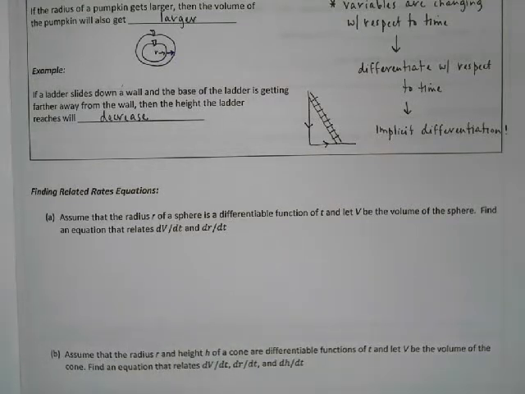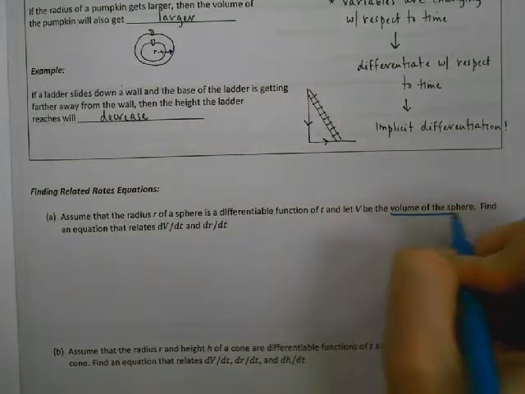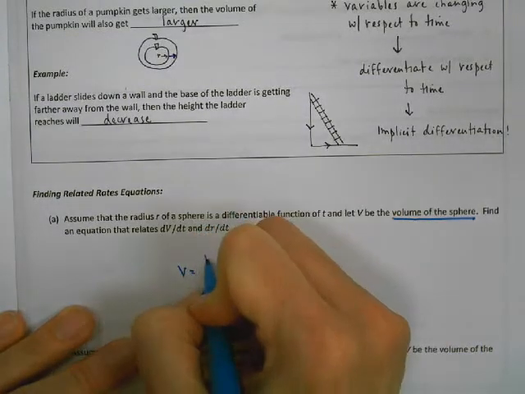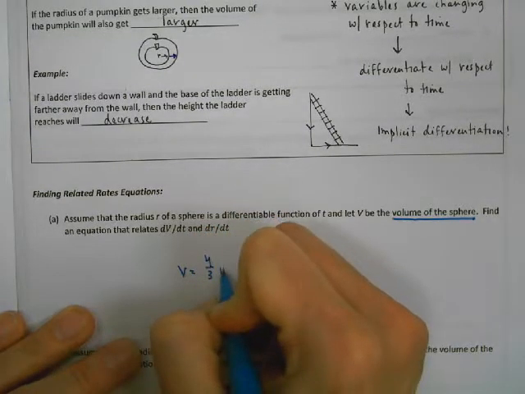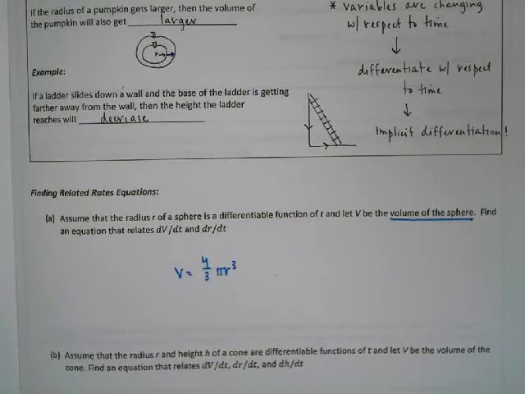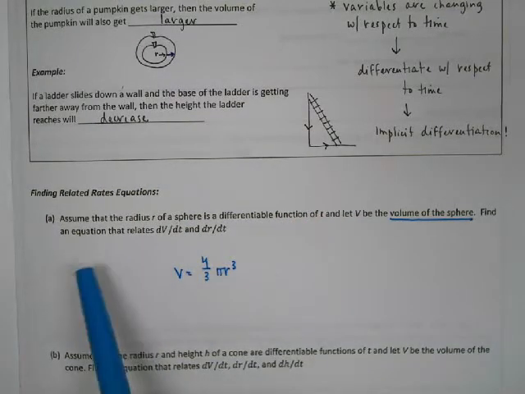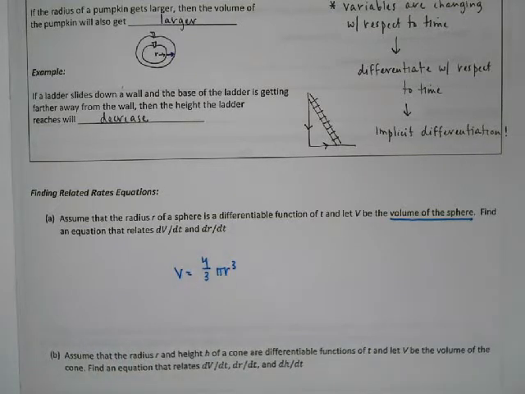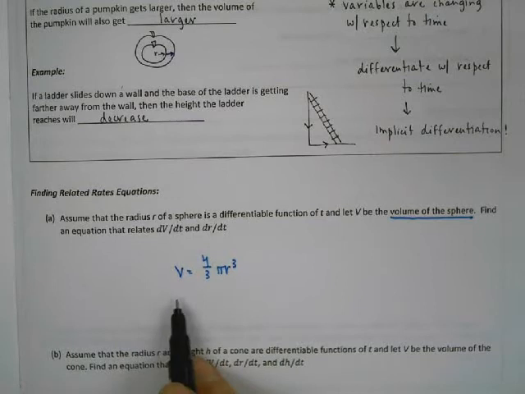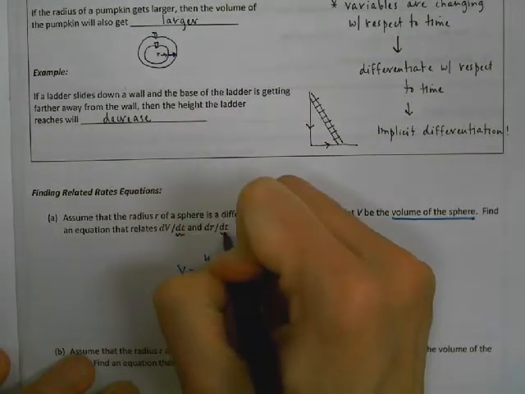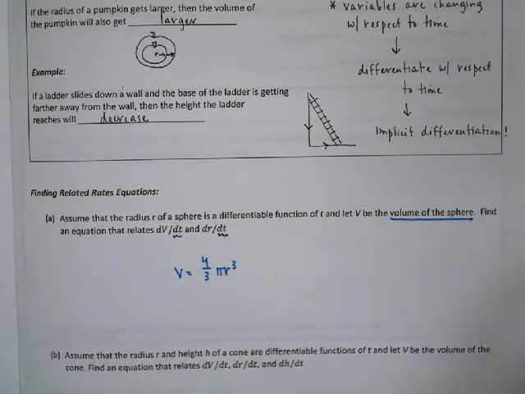The first thing we need to do is find an equation for the volume of a sphere. We know that volume is 4/3 pi r cubed. So that's just the equation of the volume. Now it wants us to find an equation that relates dv/dt and dr/dt, so I'm going to differentiate this, and again, I'm differentiating with respect to time.